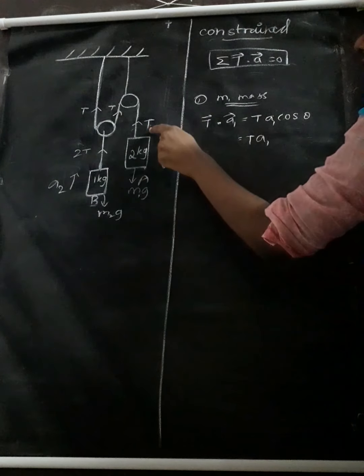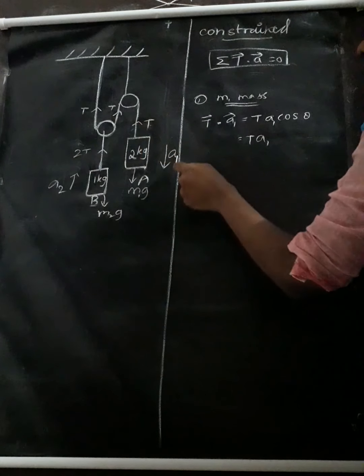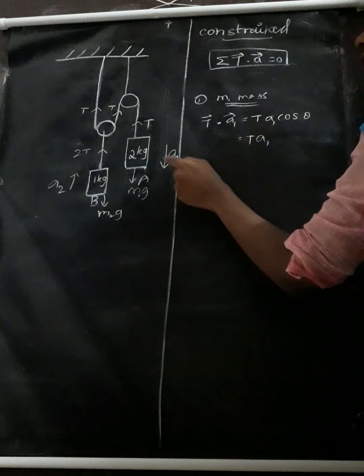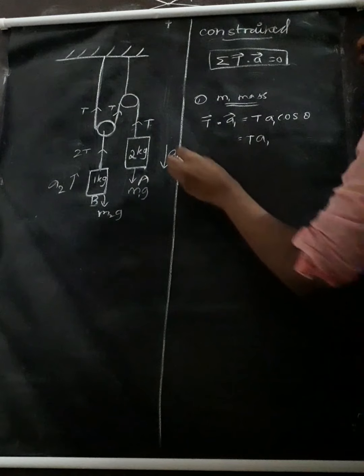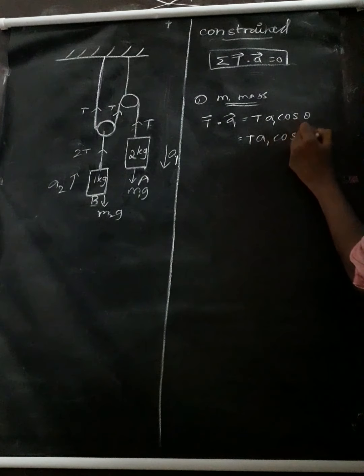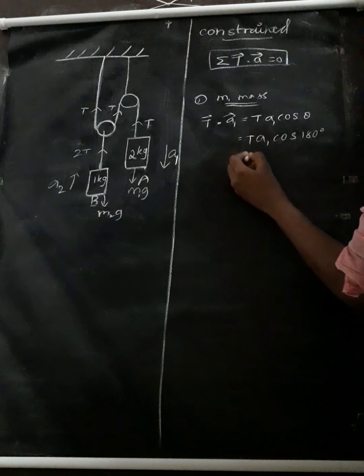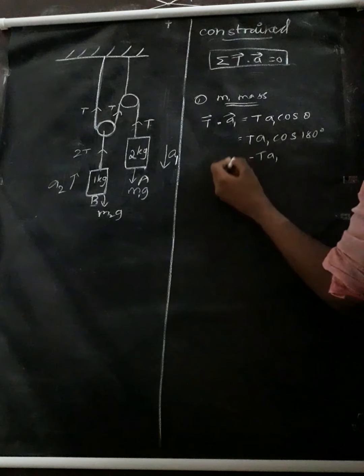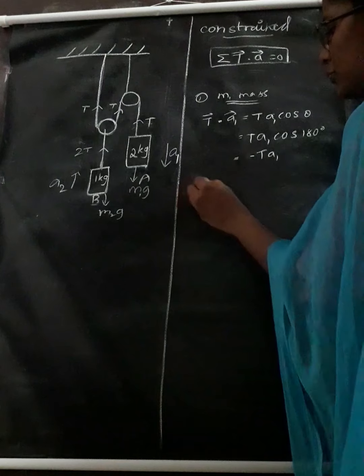The tension is acting in the upward direction, whereas the acceleration A1 is acting in the downward direction. So the angle between T and A is 180 degrees, cos 180 degrees, so that is equal to minus T A1.